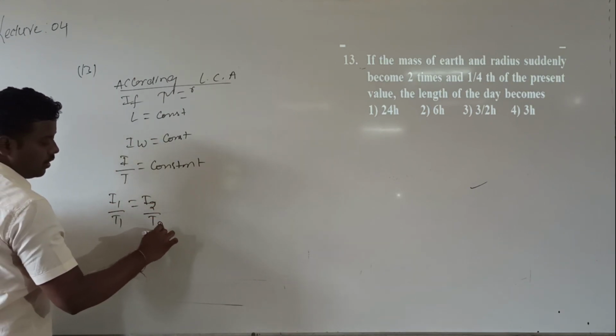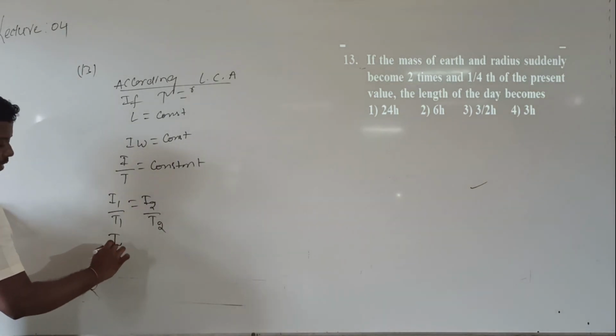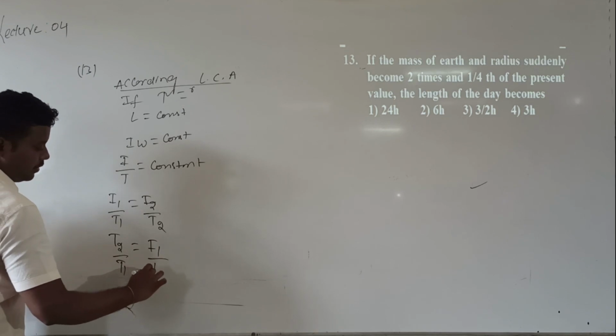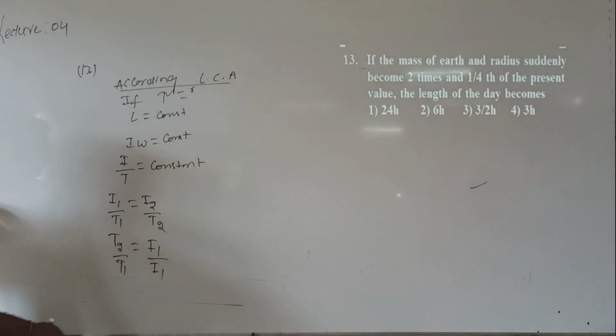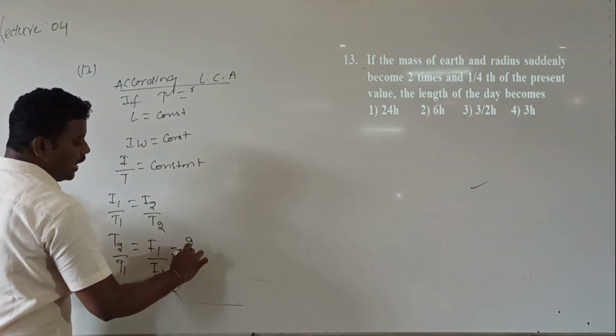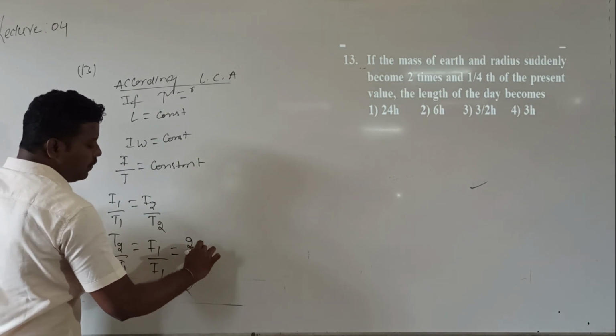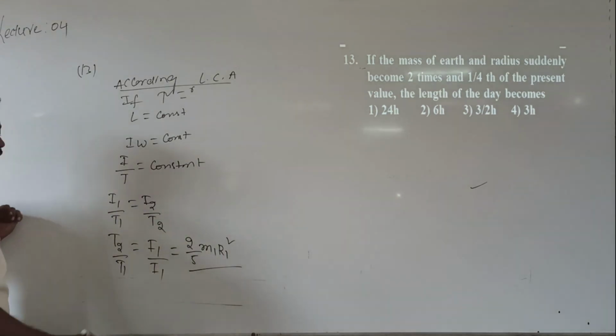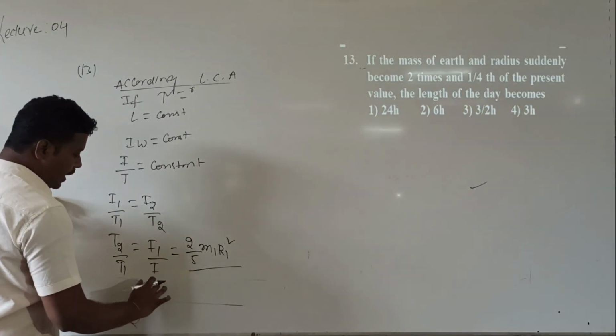So T2 by T1 is equal to I1 divided by I2. What is the I1 value? If I consider Earth as a solid sphere, it is 2 by 5 into m1 into r1 square. Solid sphere moment of inertia. So this is I1 by I2.